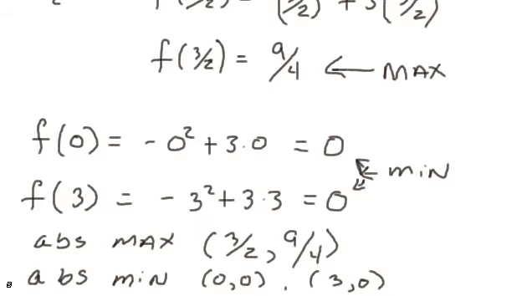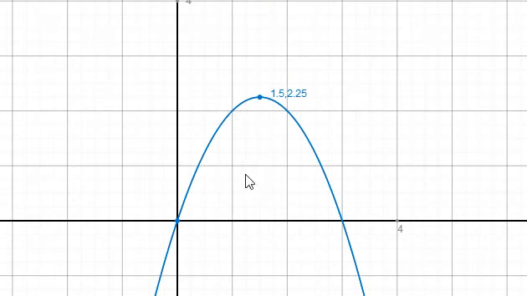Okay. Well, let's look at the graph. Okay, so here's the graph we're interested in, and we were between 0 and 3 on the x-axis. So you can see where the maximum's occurring. That was at 3/2, which you can see is 1.5 here, and then at 9/4, which is 2.25.